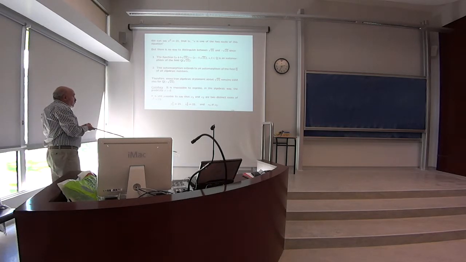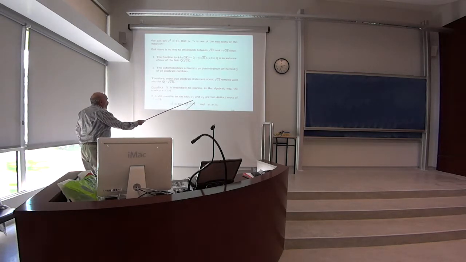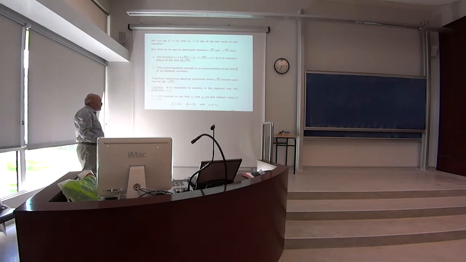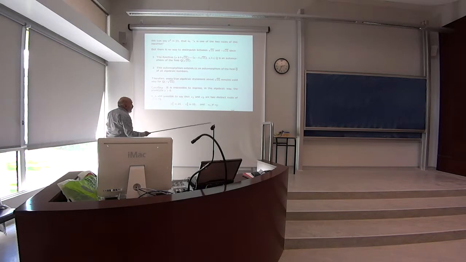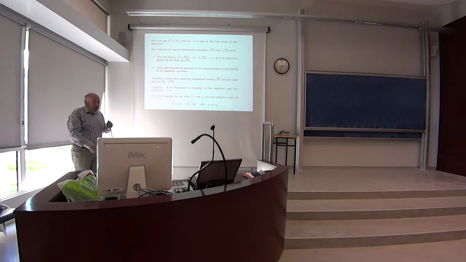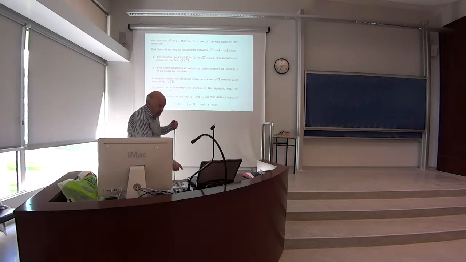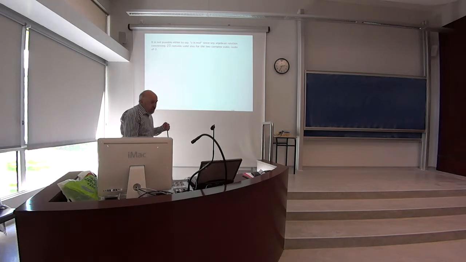It is possible to say that x1 and x2 are two distinct roots of this equation. We just write x1 squared is equal to 21 and x2 squared is equal to 21 and x1 is not equal to x2. This is possible.